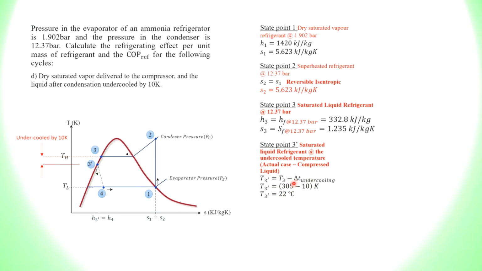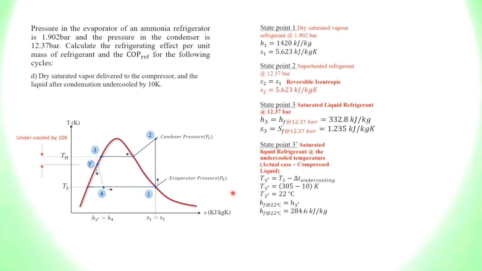Or you can directly take 32 minus 10, you still get 22. Based on this temperature T3 prime, look for HF at this temperature. That would be your H3 prime, which is 284.6 kilojoules per kg.